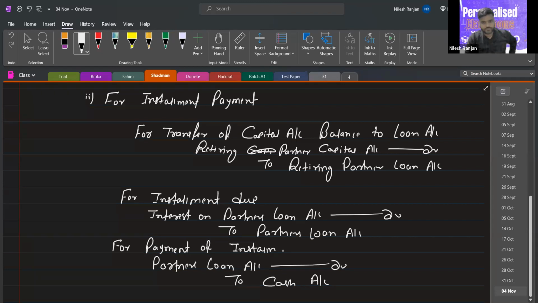Is this clear? Yes, sir. So this is our journal entry. You can write these journal entries. You have taken the screenshot, I think. Can you scroll up to the first one?